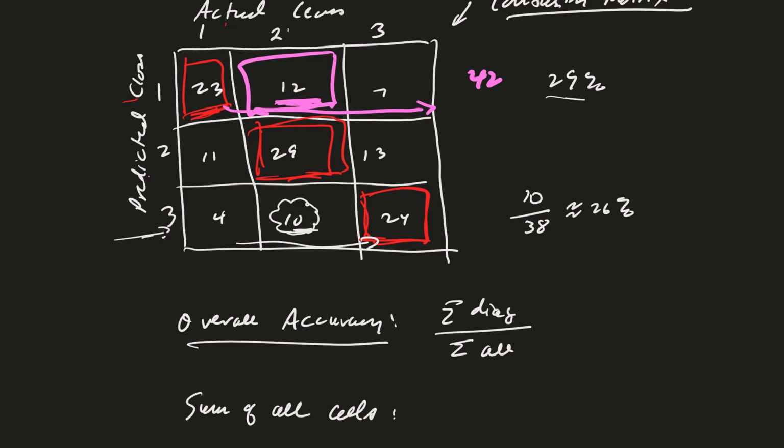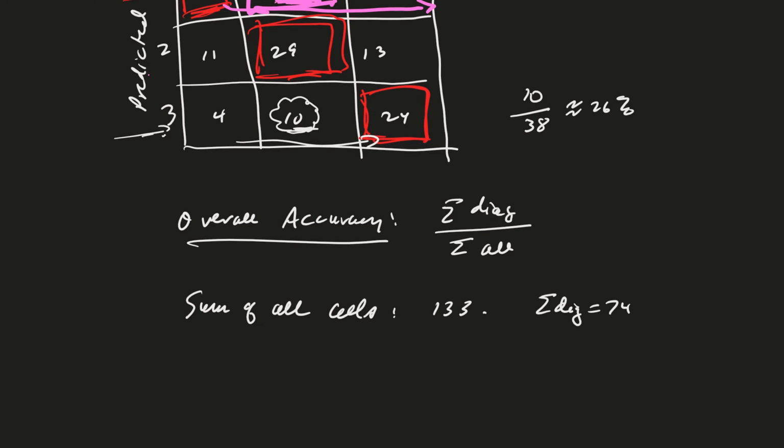I think I wrote it down here somewhere. 133 total. You can double check that. 133. And so what was the sum of our diagonal elements? 74. Sum of diagonal 74. So therefore the overall accuracy would be 74 over 133, and that is 57% accuracy. Good. All right, so that's not too bad.